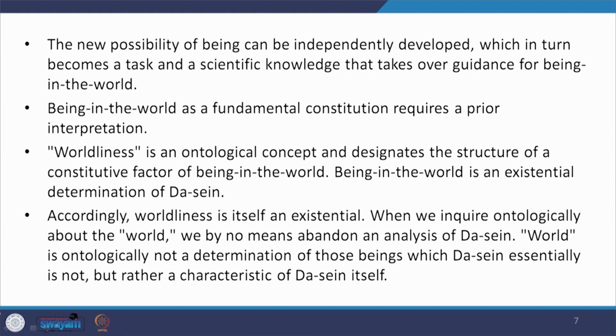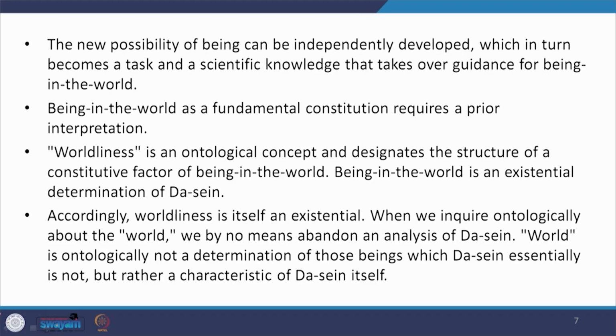Being in the world as a fundamental constitution requires an a priori interpretation too. So, worldliness is an ontological concept and designates the structure of a constitutive factor of being in the world. So, being in the world is an existential determination of Dasein. Accordingly, worldliness is itself an existential.